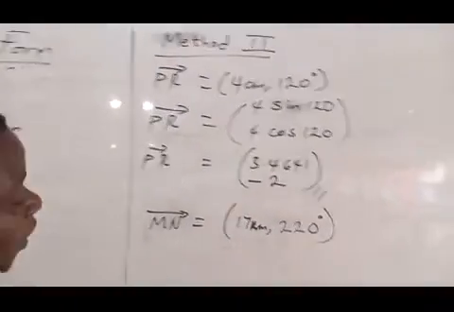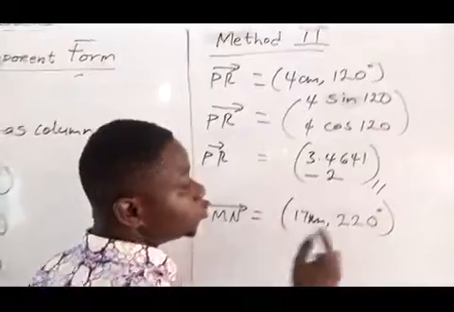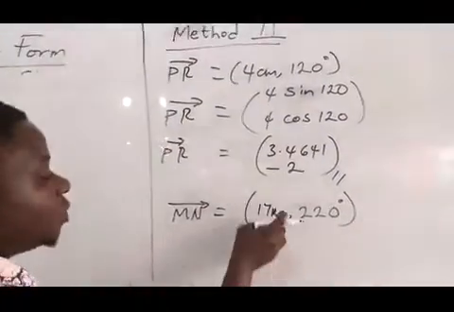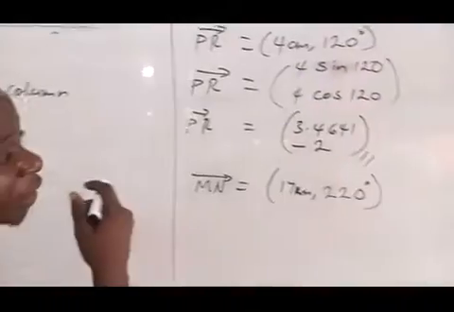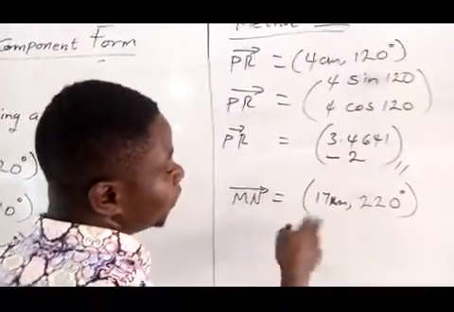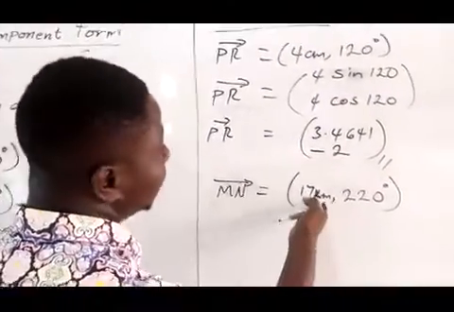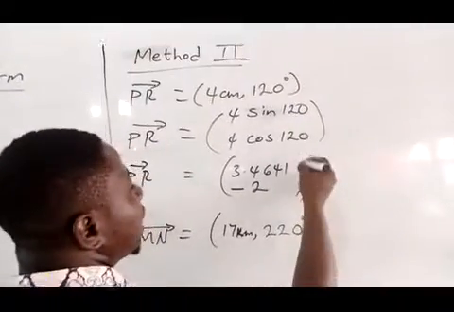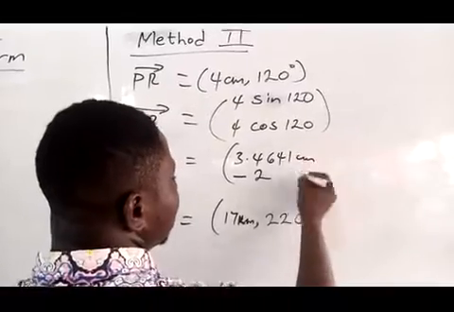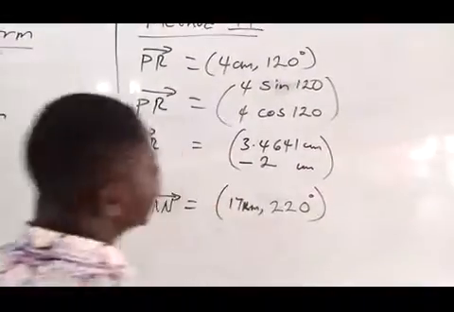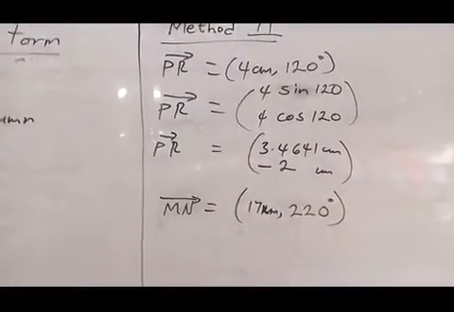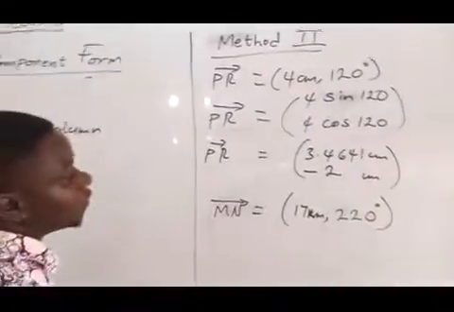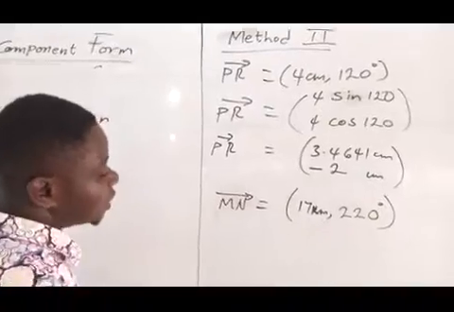This time around it's in kilometers, but it doesn't change anything. Just remember the unit, kilometers, is going to be in the answer. In the previous case, it would have been centimeters. Are you okay? So it doesn't really change anything. The only thing it applies is the unit or the values given in the question.